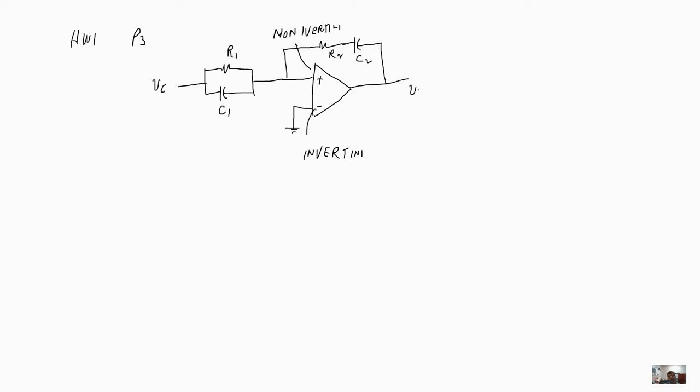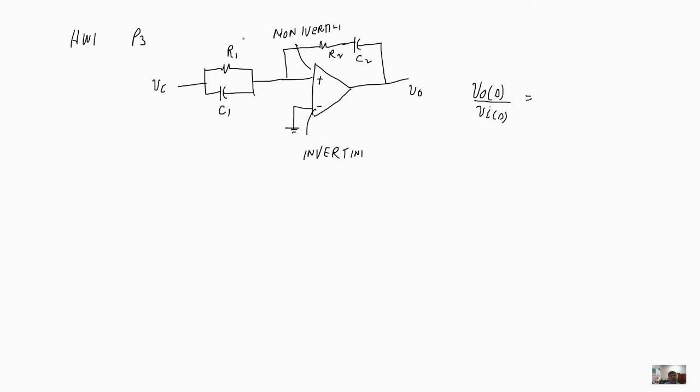Well, your homework problem says you're supposed to find the transfer function. So my friends, the transfer function is going to be equal to what? Recall that, V out of S over V in of S. That is your transfer function. Well, how do you do this? Interesting question, right? So first of all, let me use a different color here.